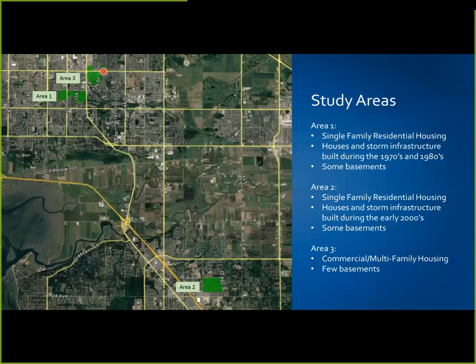There's a few basements, a few parkades, and that sort of thing. So the objective here was really to look at the performance of this system and try to identify differences in performance within these areas to evaluate the need for looking at different types of historic developments in a different way.